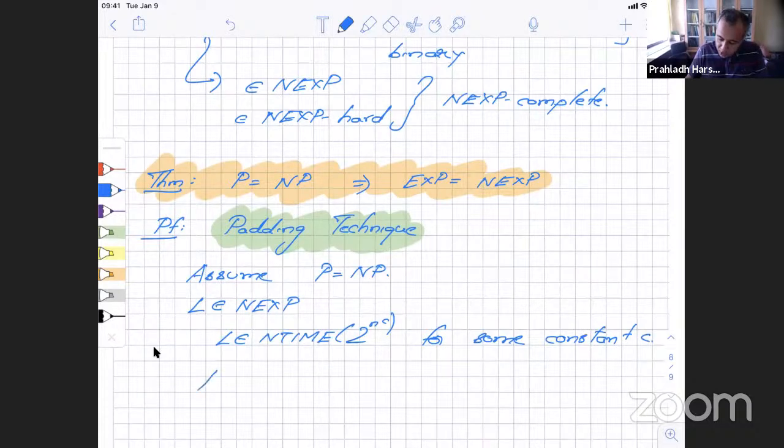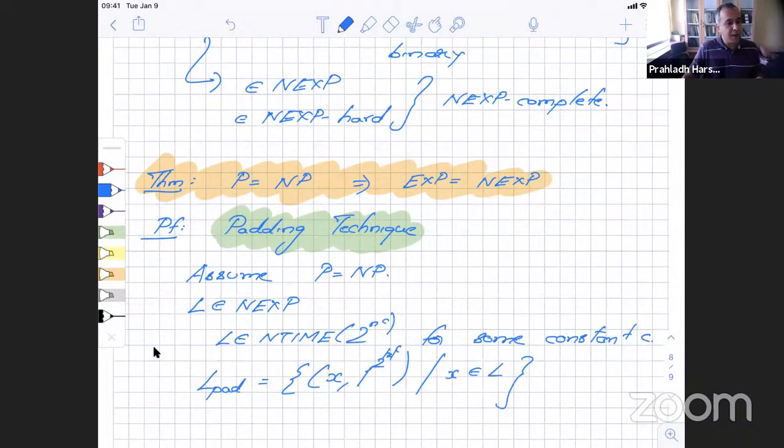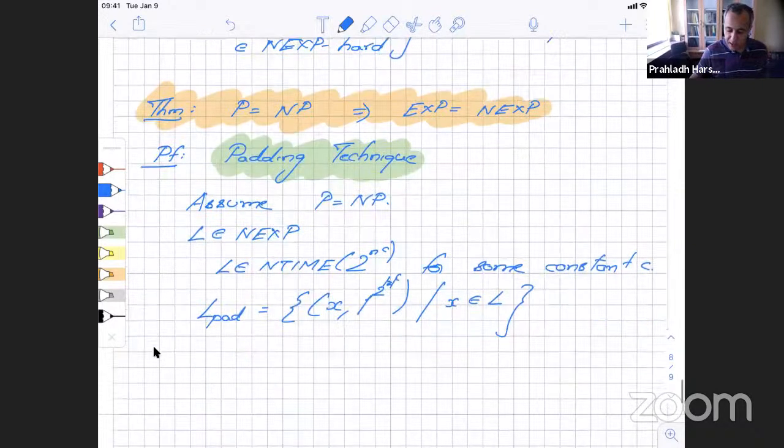Now I'm going to construct a new language called LPAD, which is almost L. Sorry, this is not x, this is x followed by 1^(2^(|x|^c)), where x is in the language. So take every string in L and pad it with a lot of dummy symbols at the end. Why am I doing this? So that I'm increasing the input size artificially. I'm padding the input to increase the input size artificially. Now, what class does LPAD lie in?